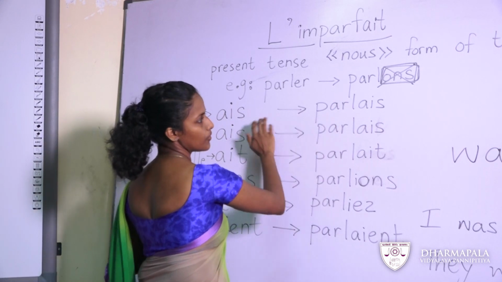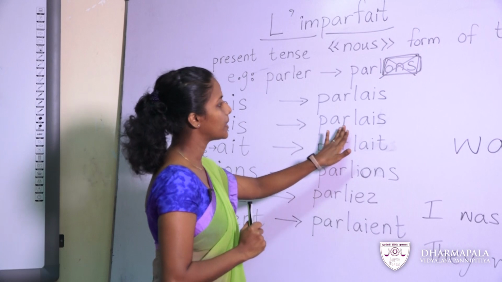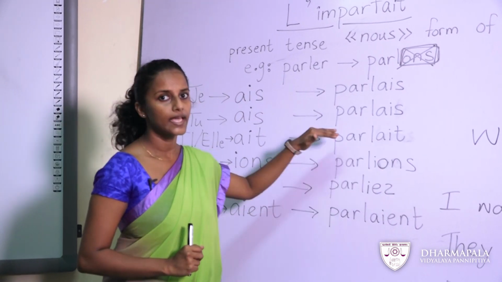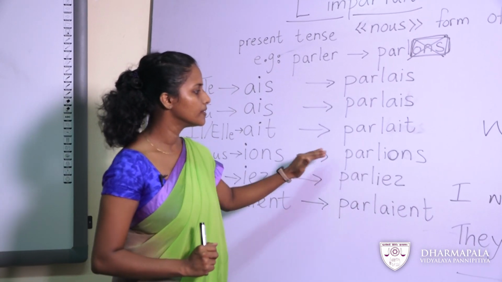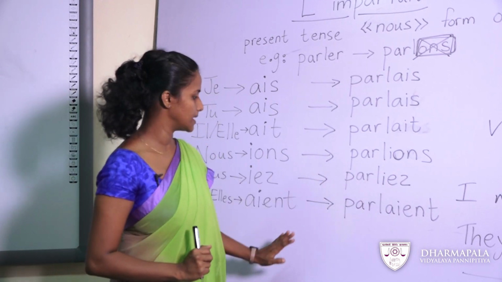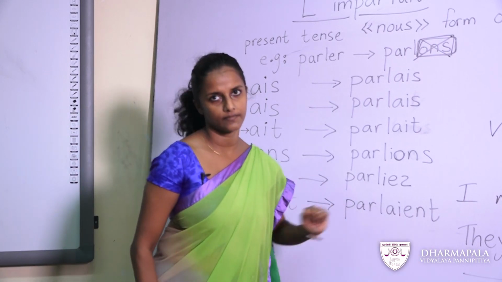So for je, it's je parlais, I was speaking. Tu parlais, you were speaking. Il, elle parlait, she or he was speaking. Nous parlions, we were speaking. Vous parliez, you were speaking. Ils, elles parlaient, they were speaking.